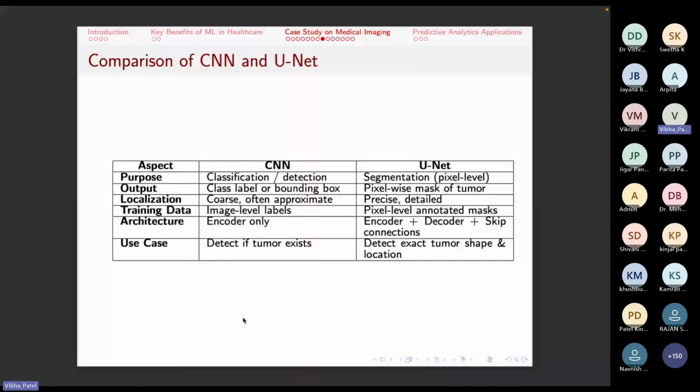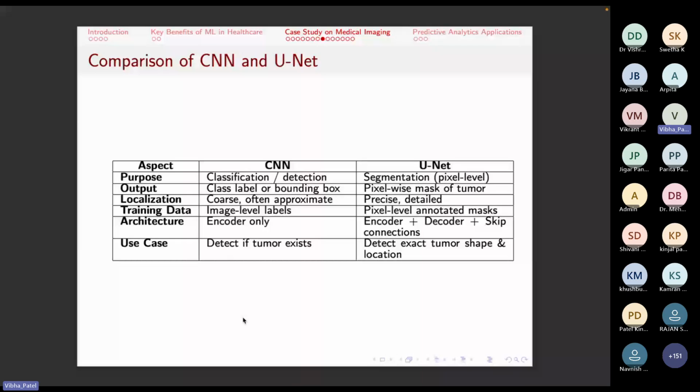precise detail. The training data that is being used is image level labels. In case of U-Net, you have a pixel level annotated mask. So this is where the difference exists in terms of the input that is being provided to CNN and U-Net. If we talk about the architecture being used, CNN is an encoder-only architecture.